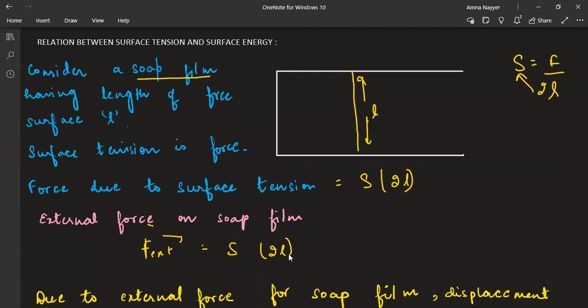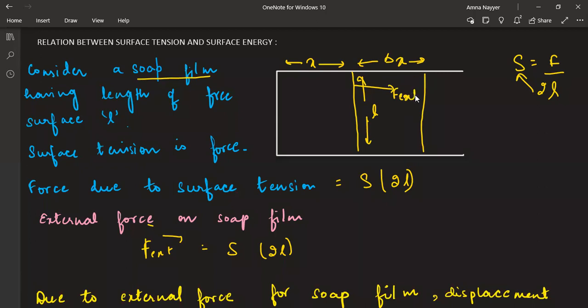Now see, due to the external force on this soap film, what will happen? Let's say this external force is acting here. It will make the free end extend over here. Let's say this was X initially, but finally there is some change observed. Let's say this change is delta X. Delta X is the displacement that occurred.